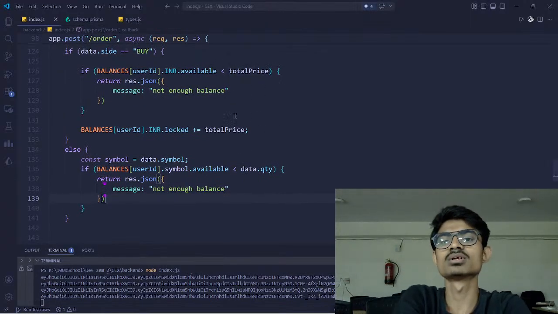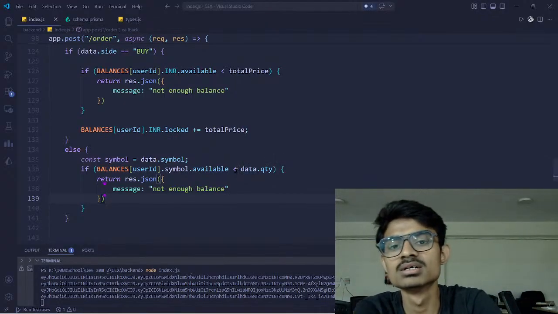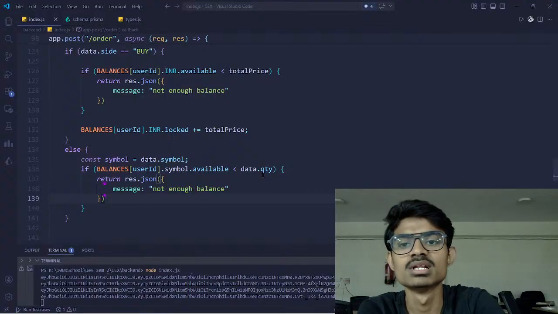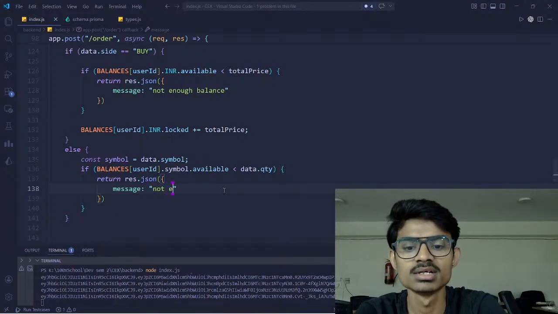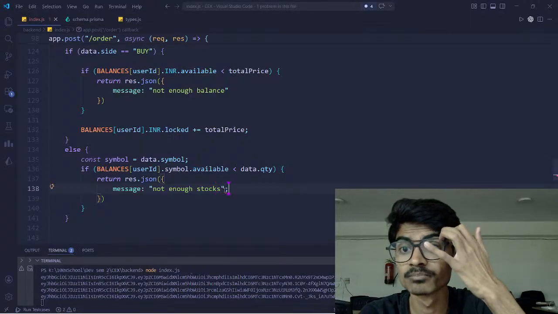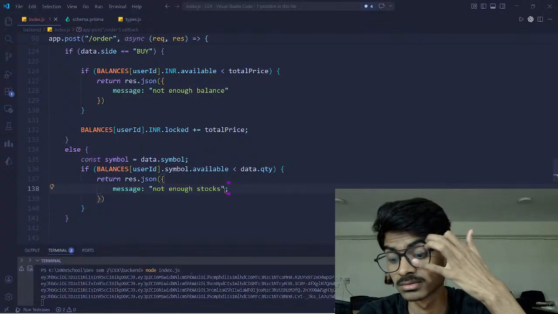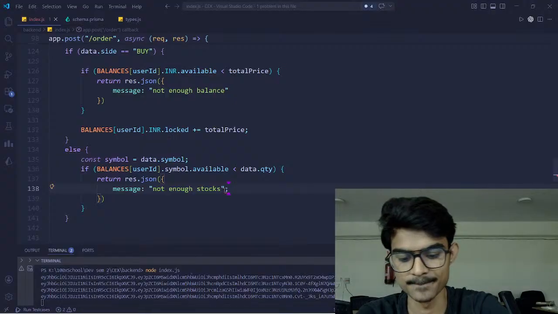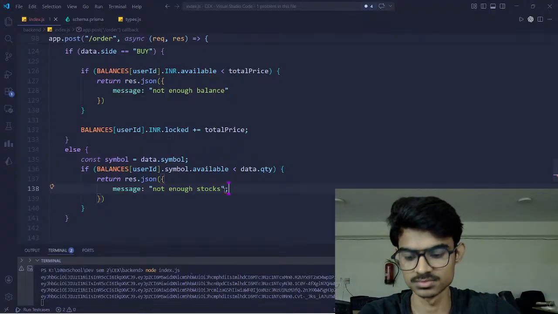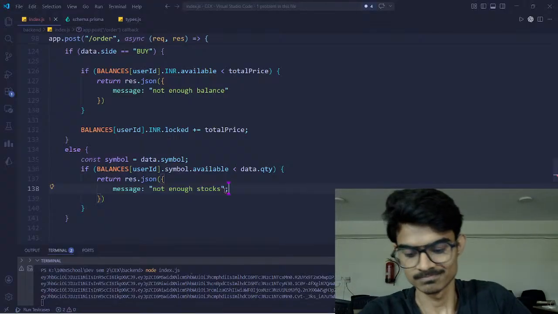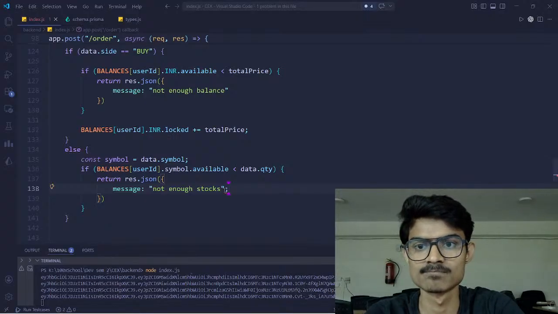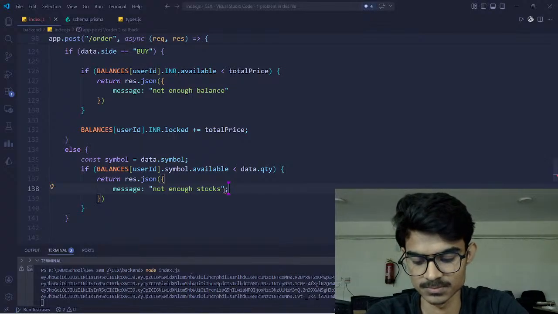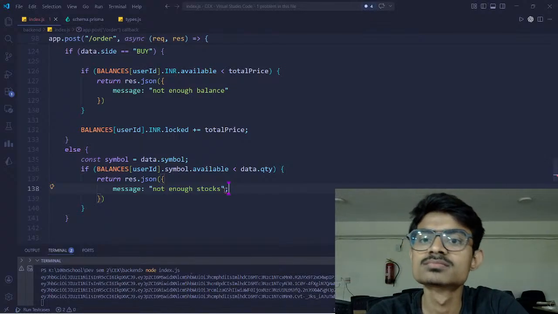Available is less than total price, not enough balance, and if stocks are greater than the quantity that we want to sell, not enough stocks. I guess this should work.